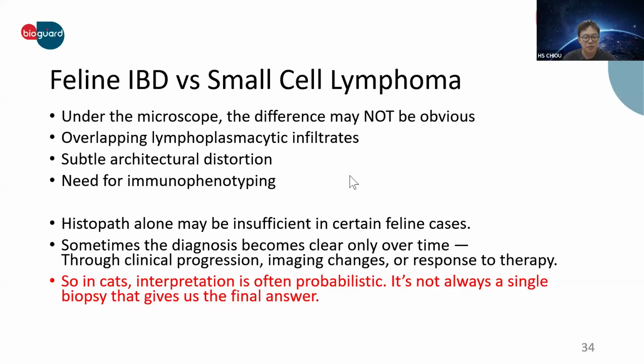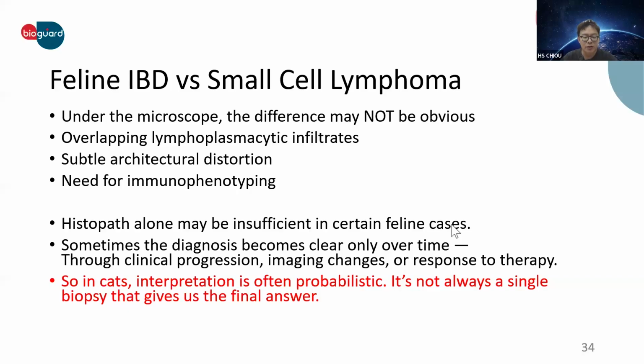So what might help us? Features like epithelial tropism, a more monomorphic lymphocyte population, clonality detected on PARR PCR, or specific immunophenotypic patterns on IHC. But even with these tools, some cases remain borderline.